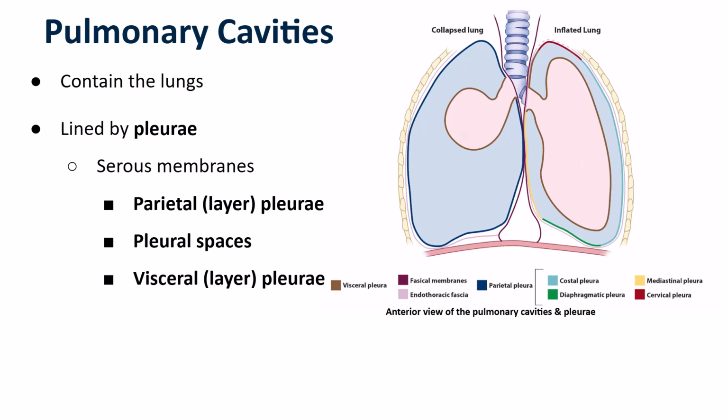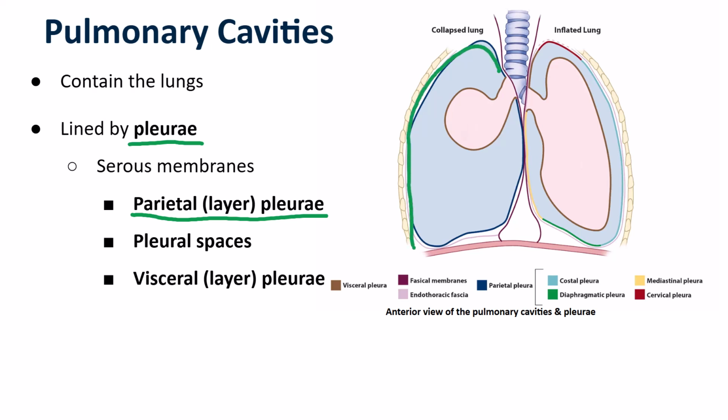So let's drill down on each of those spaces. The pulmonary cavities contain the lungs as their major contents, and they are lined by serous membranes called the pleurae. The pleura, so on either side, will have two distinct components to it. There is the parietal pleura, or the parietal layer, and that is the part that is adhered to the walls.